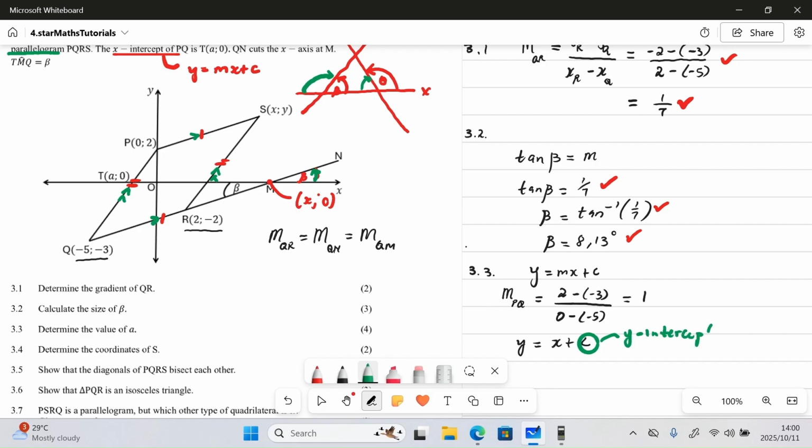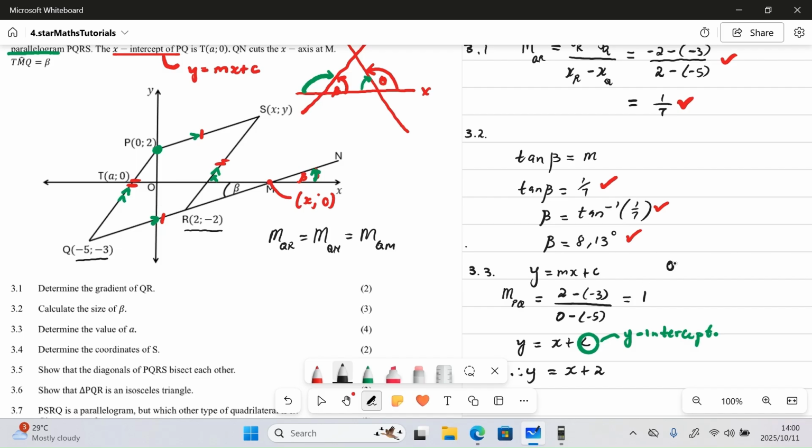Meaning we can calculate the value of c, but if it's given, we can simply substitute the value of c. Let's check. Are we given the y-intercept? We are going to check on the y-axis. Yes, we are given the y-intercept, meaning the y-intercept is 2, the y-coordinate. So it's not a sin to just say, therefore, the equation of this line is y equals x plus 2, because this 2 is our y-intercept.